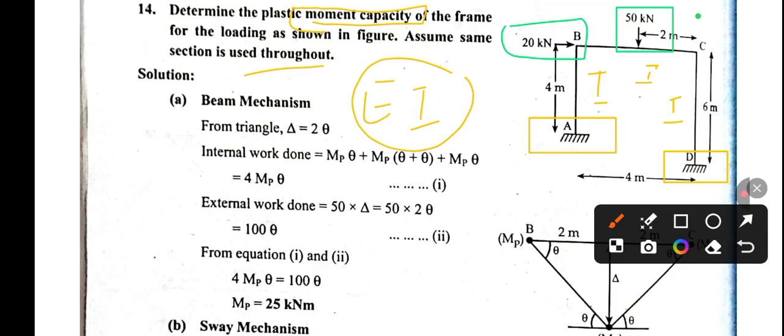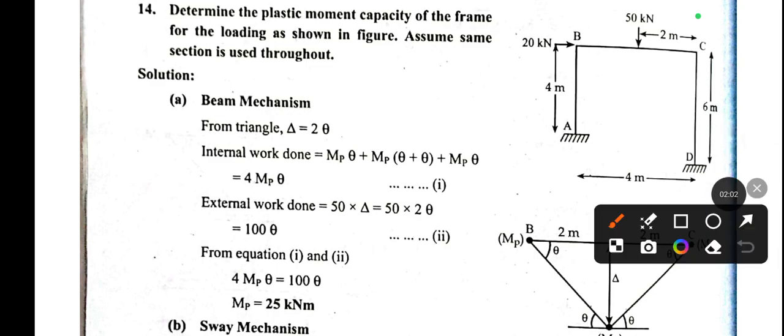Due to this 50 kN load, this beam will deflect like this, so BC will be our beam mechanism. The other load is 20 kN, due to which the frame will sway like this, so here there will be a sway mechanism.